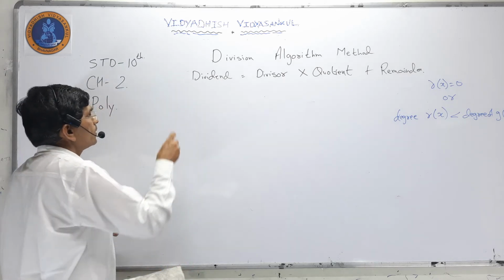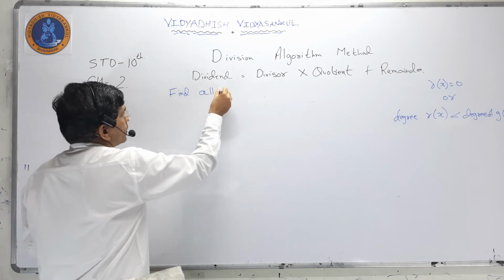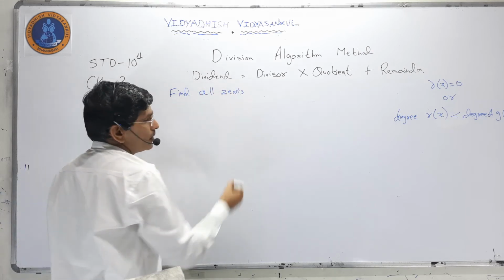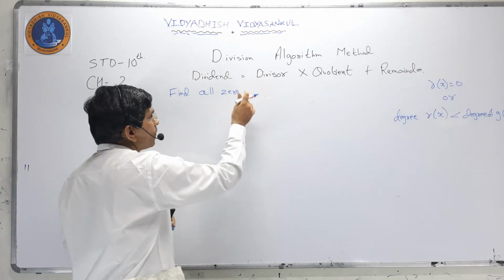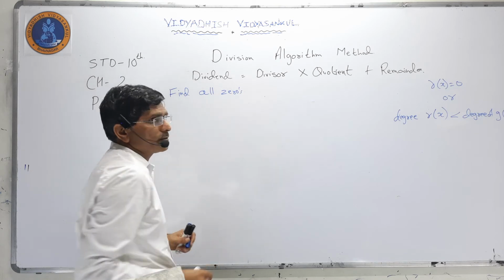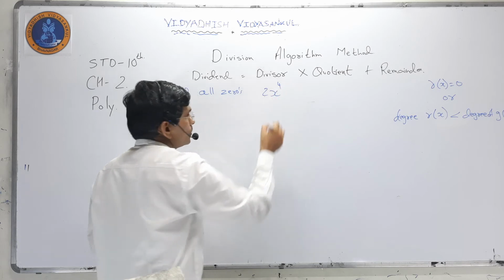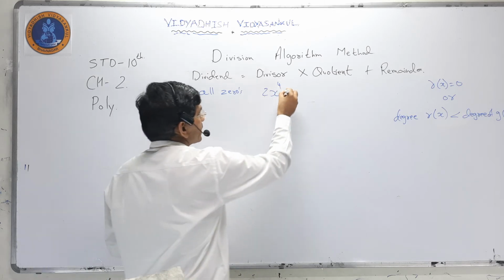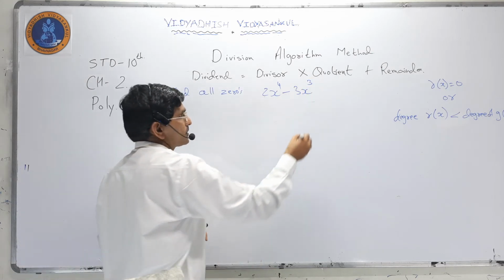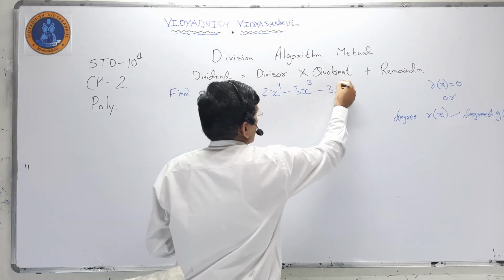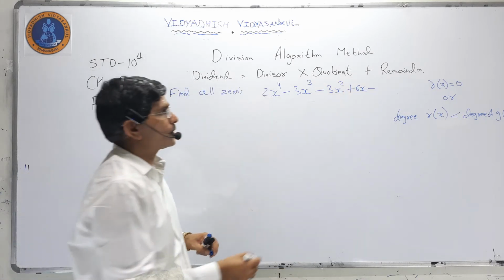So the question is, find all zeros of 2x the power 4 minus 3x cube minus 3x square plus 6x minus 2.